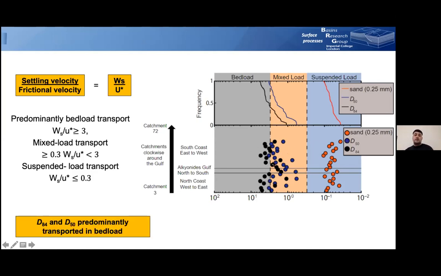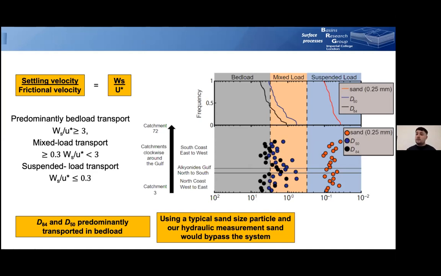So this shows to me that D84 and D50 are predominantly transported in bed load. When we take a typical sand-sized particle and put in the measurements, we find that they totally reside in the suspended load regime. So this implies to me that this grain size, coupled with the channels we have in the Gulf of Corinth, means that sand size and smaller than 0.25 just export straight out into the Gulf.